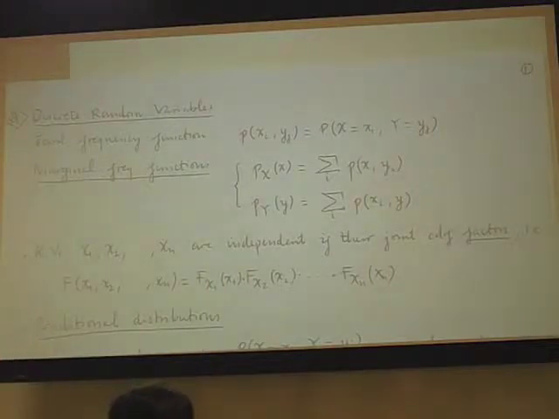Well, they're independent if and only if the joint CDF factors into something in the first variable multiplied by something in the second variable, and so on and so forth. Okay, and if that is the case, then you say that they are independent.